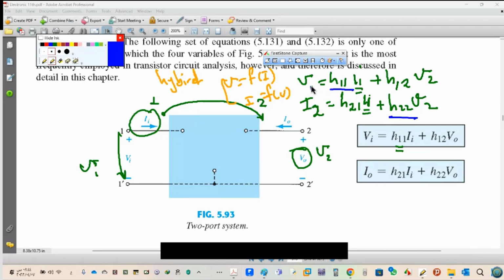Here I have 1, here I have 2, so V1 and I2.